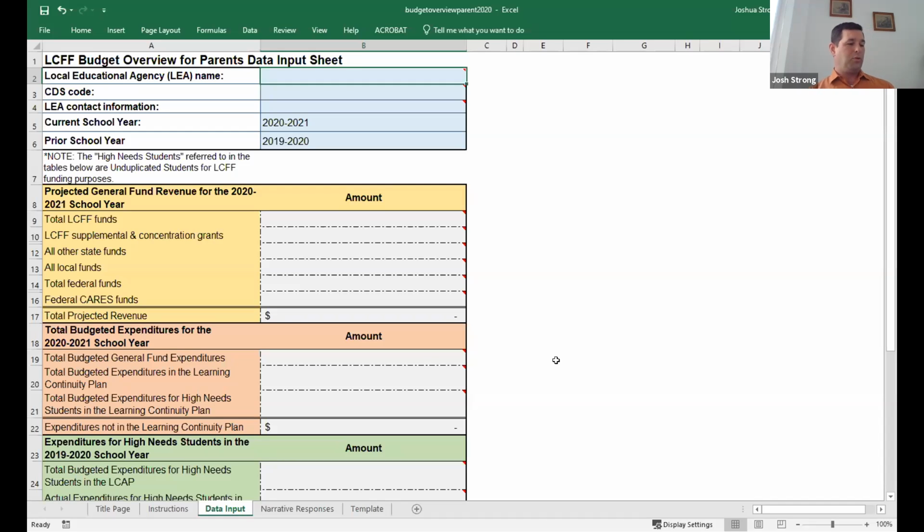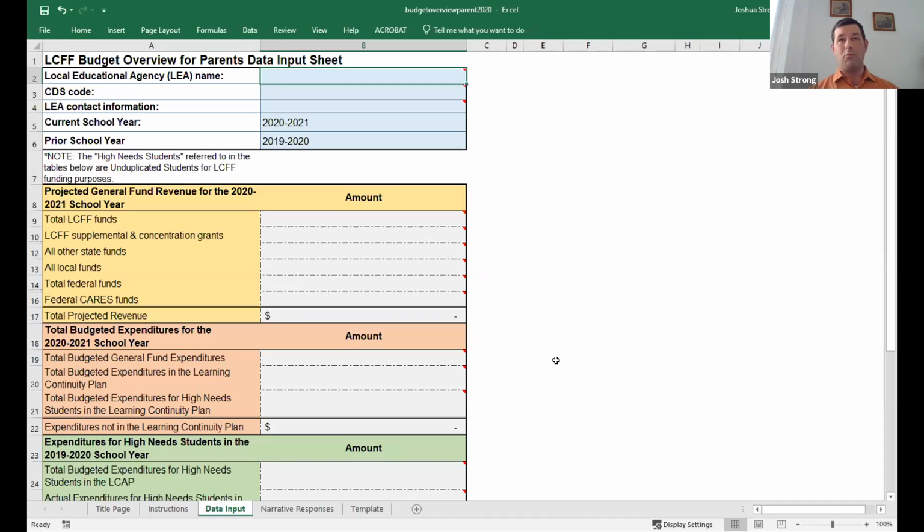Now, based on that, we come to the data input tab. The data input tab, the narrative responses tab, the title page, and the instructions are not considered part of the budget overview for parents template when it comes to posting requirements. Simply, it's information that's used to complete the template.